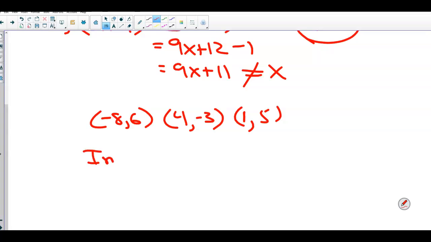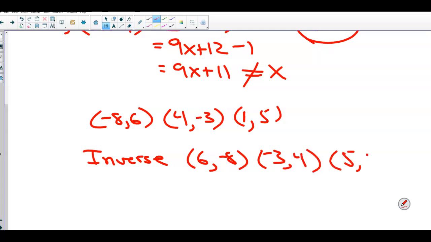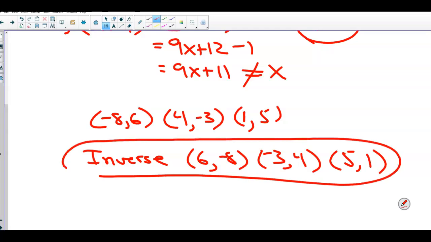This is the inverse. 6, negative 8, negative 3, 4, 5, 1. Just flip it. That's all you do to get the inverse. That's all an inverse is: the original x becomes y, the original y becomes x.